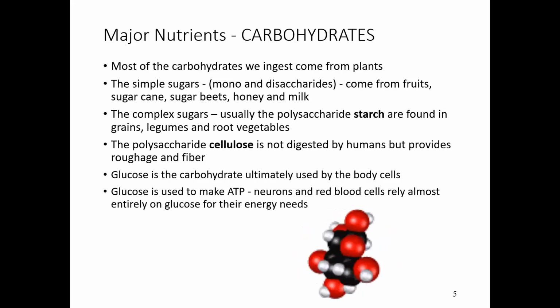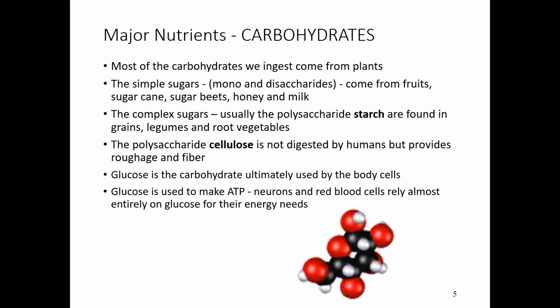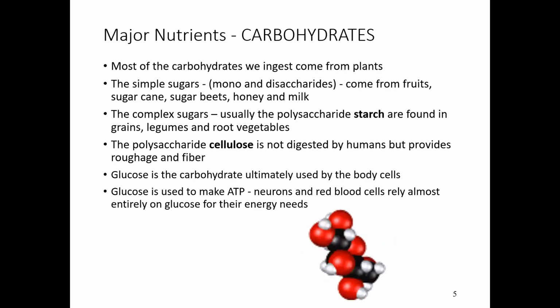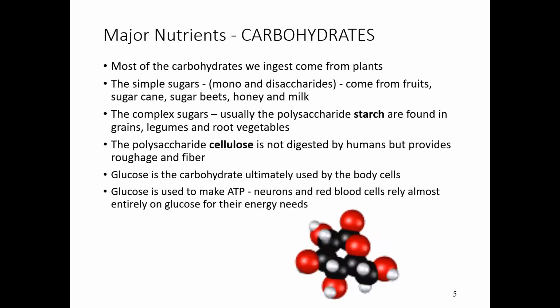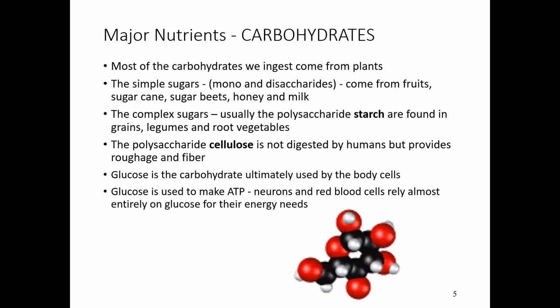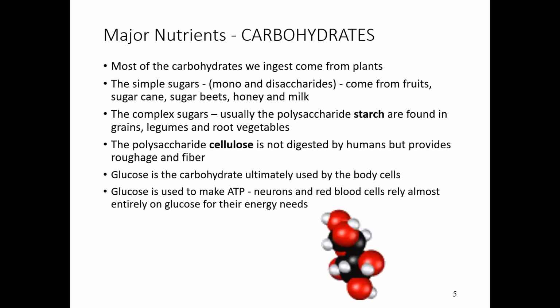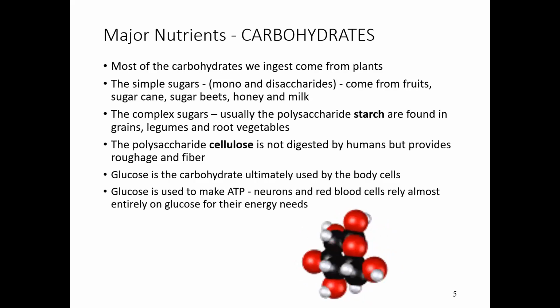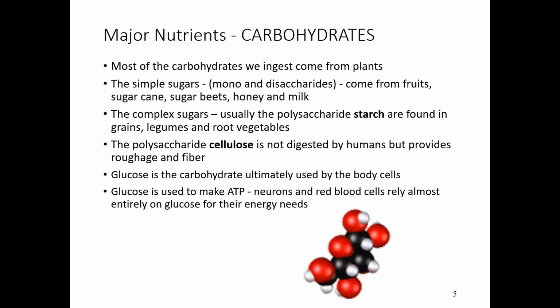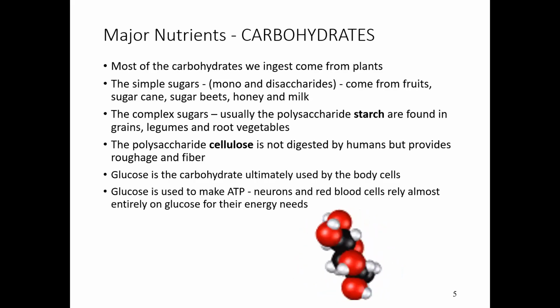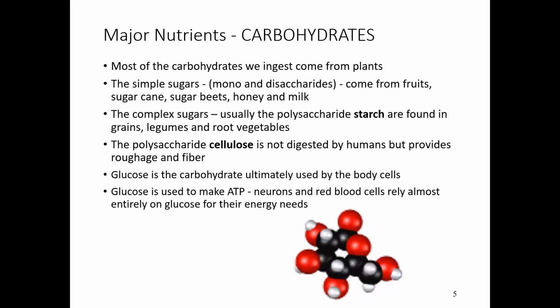The complex sugars, starches, come from potatoes, apples, carrots, the root vegetables, the legumes, peas and beans and stuff like that, and in all the grains, the wheat and the corn and the oat products all have carbohydrates, all have polysaccharides.